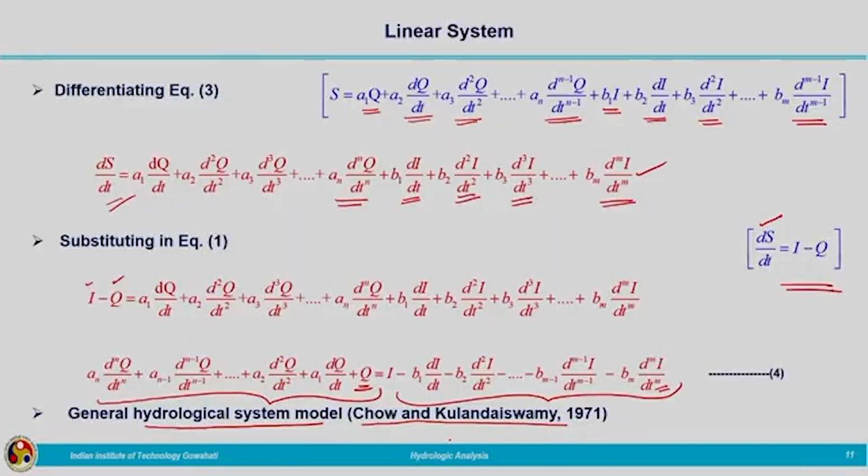After that, the ds by dt expression found out has been substituted in the equation. Change in storage is equal to the difference between inflow and outflow. After that, we found a general hydrologic system model by differentiating and rearranging certain terms. So, equation 4 represents the general hydrological system model proposed by Chow and Kulandaiswamy.